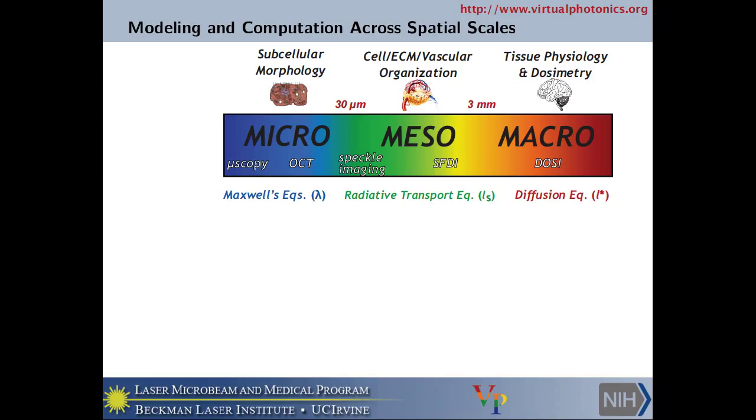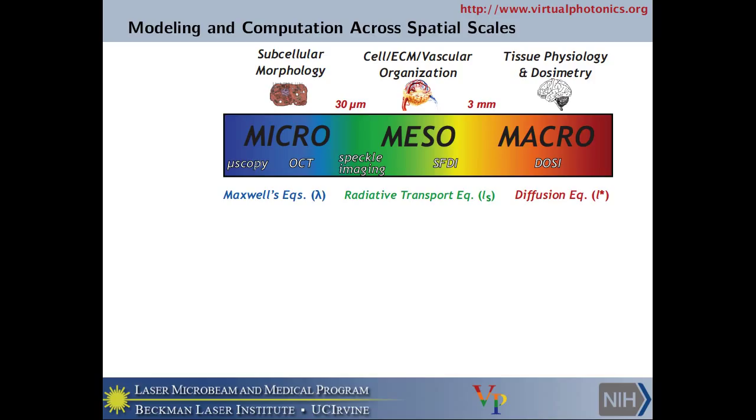As one goes deeper within tissue or looks at light transport over larger spatial scales, on the order of tens to hundreds of microns, one can start to throw away the parameterization of light as a wave and go to the ansatz of considering light as a neutral particle and go into the radiative transport regime.